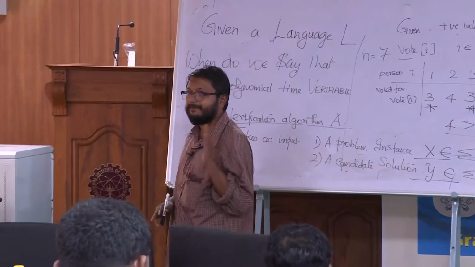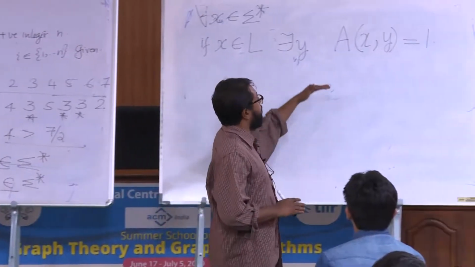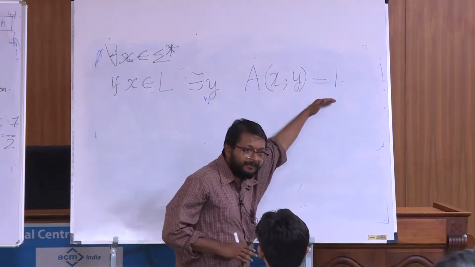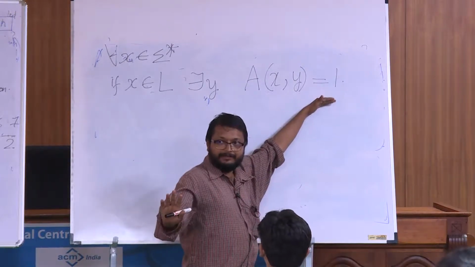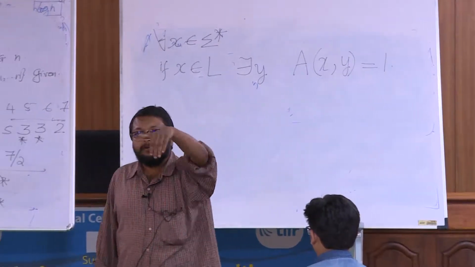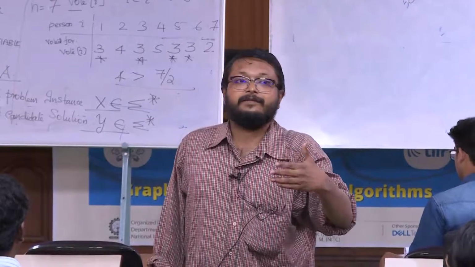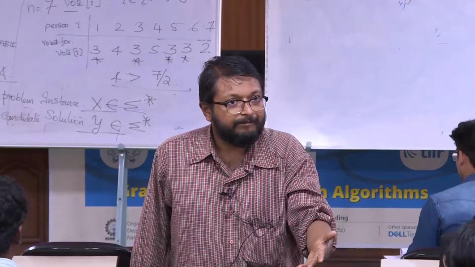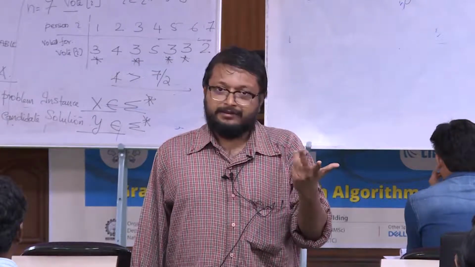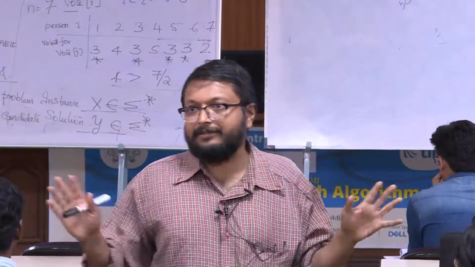Is this very clear? If you give the problem instance along with the right certificate, your algorithm should return 1. If the problem instance, even a yes instance, is provided with the wrong certificate, the verifier should return 0. Okay, 0, it's not bound to accept. It may return 1, it's not a problem.